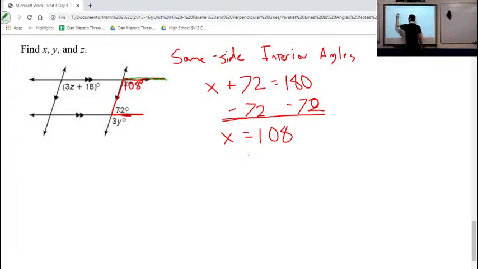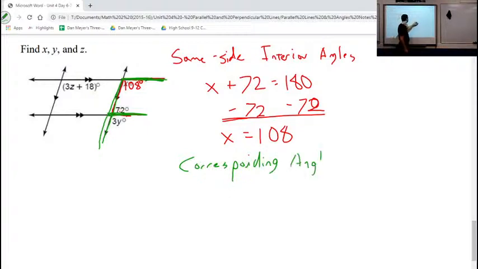If I use my 108 and compare it to the 3y, that's an F shape. An F shape is going to be corresponding. And we know the corresponding angles have to be congruent. So they need to be equal to each other. Divide, solve.